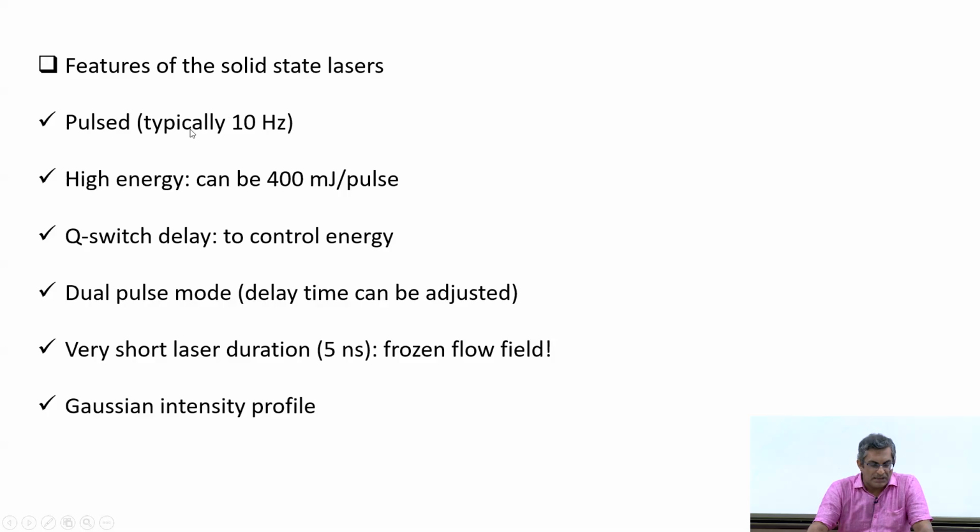These lasers are available typically at a frequency of about 10 Hertz. And we use a dual cavity laser, because we need two laser pulses to capture the flow at a short time interval. That means it will produce two laser beams.